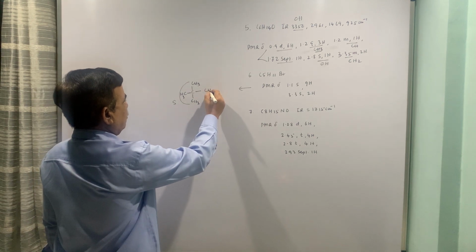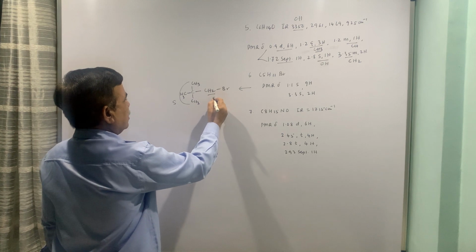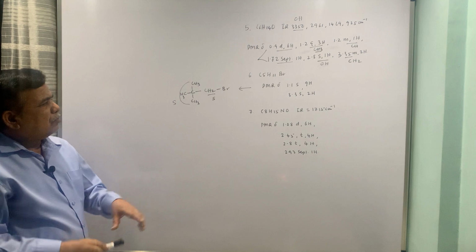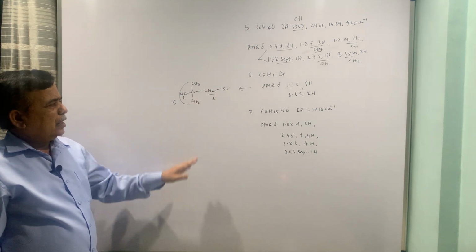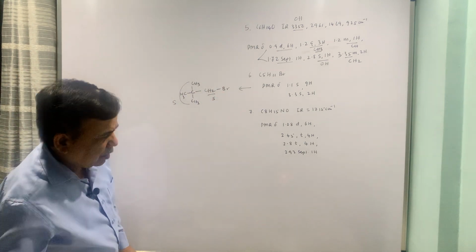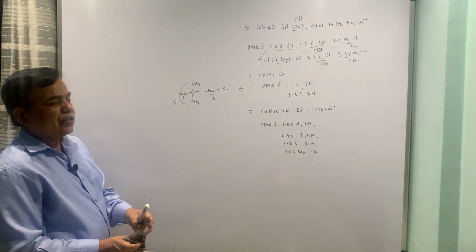So naturally we need to put CH2 here. So this will be singlet because this carbon is saturated. So this CH2 doesn't have any coupling partner. 3.3 delta is also explained because it is directly attached to bromine, which is exerting minus I effect, and that is reflecting in its chemical shift value.